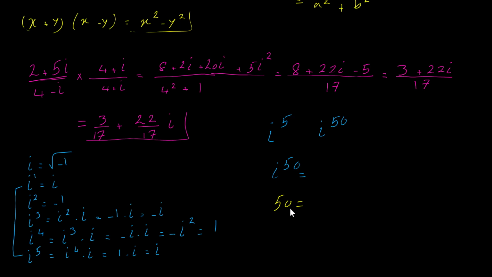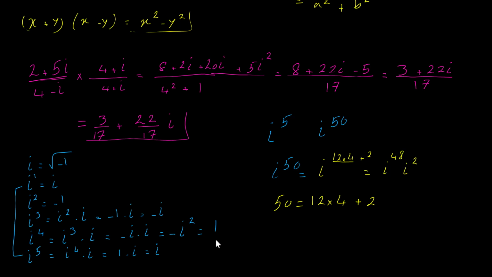So I divide 50 by 4, and I get 12 multiplied by 4 is 48, and the remainder is 2. So I can write i to the 50 as i to the 12 times 4 plus 2. So that part, i to the 48, and i to the 2.